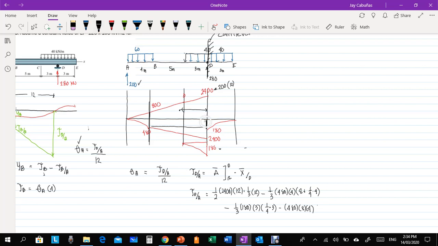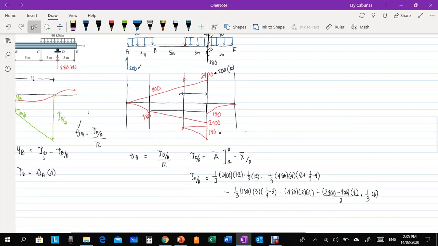Sorry, let me repeat. Next, minus the triangle: 2,400 minus 480 is the height, times 8, since it is a triangle, over 2, times the centroid from joint D, which is 1/3 of 8.